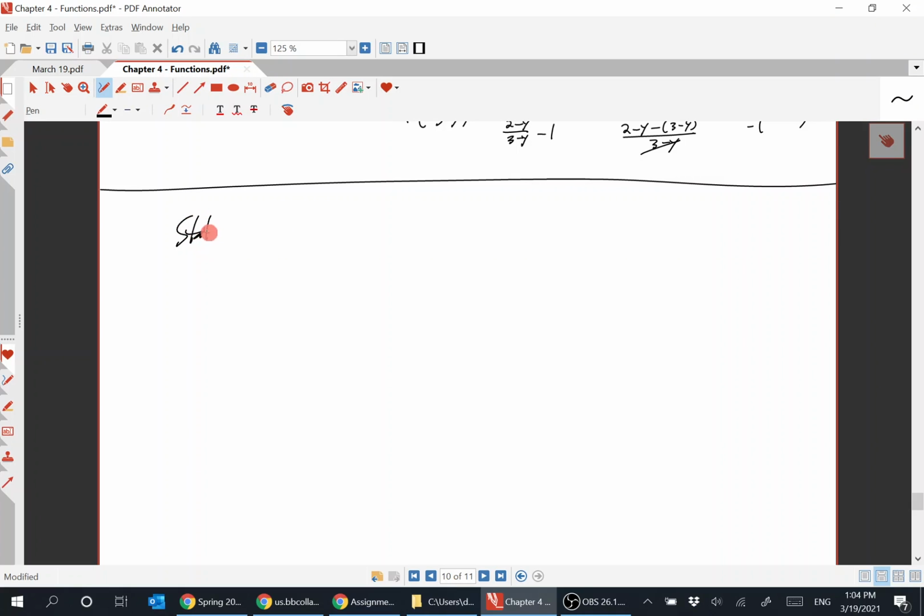So statements saying the following are equivalent. This is something you'll see in mathematics a lot. The following are equivalent.